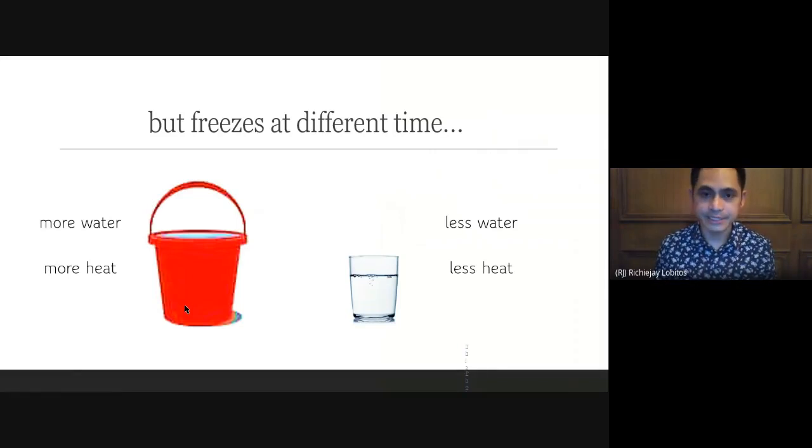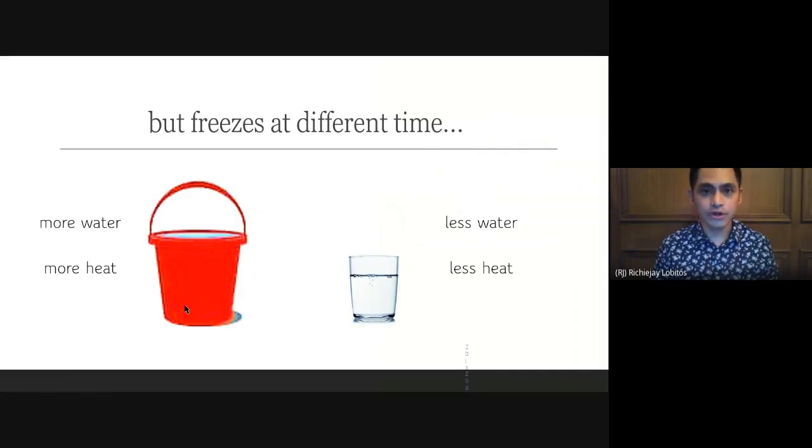Let me repeat. A pail of water and a glass of water will freeze at 0 degrees Celsius, which is the freezing point of pure water. However, because of the different amounts of water, the different volumes of water, they will actually reach 0 degrees Celsius at different amounts of time.